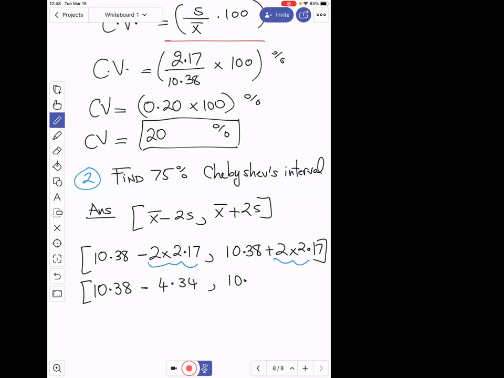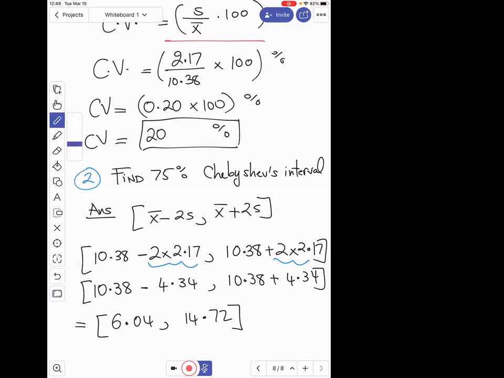So it's $10.38 minus $4.34, which is $6.04, and $10.38 plus $4.34, which is $14.72. That's the final answer.